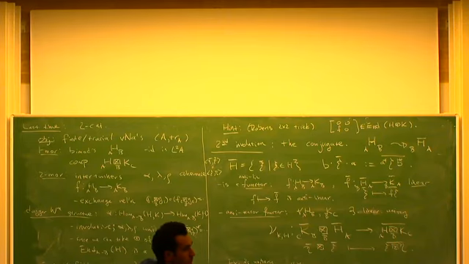Yes, that's right. So one of them is clearly conjugate linear in the first variable, whereas the other one is, right?